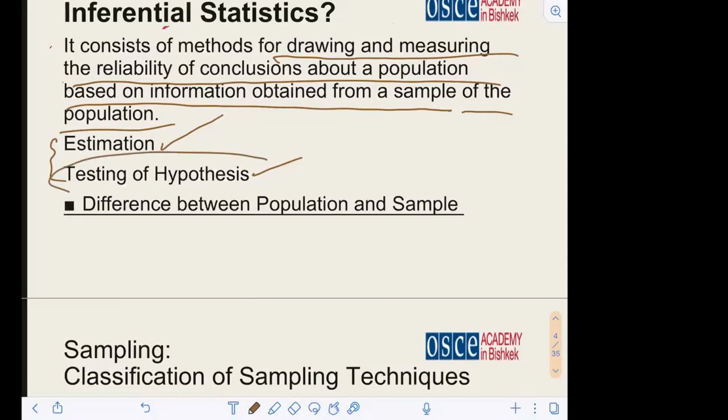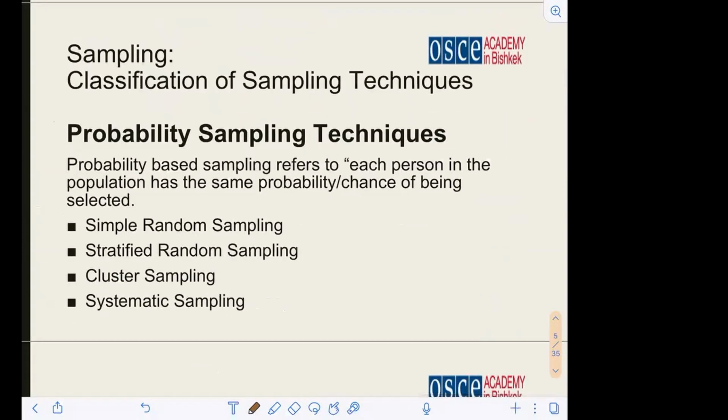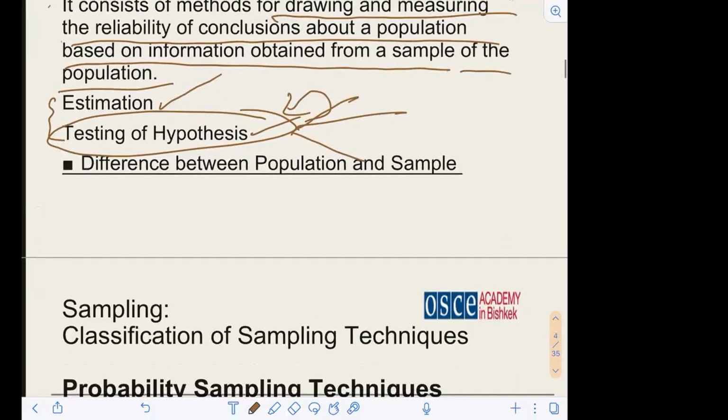Testing of hypothesis is very much a part of our syllabus. After 2 weeks, we would be coming to testing of hypothesis. There are different types of tests, Z test, T test, all of which I would be covering. We will be doing it in the 3rd week. So the entire roadmap is ready. There will be no problem at all now.